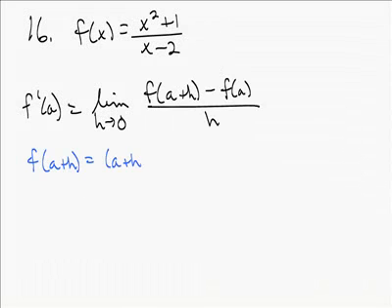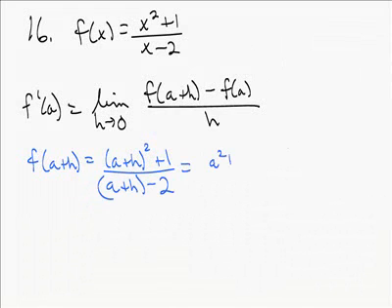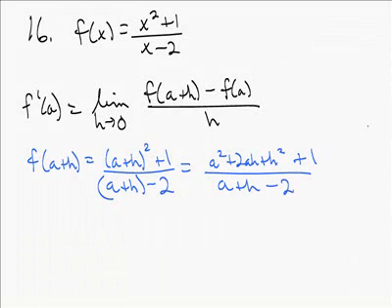It's going to be a plus h quantity squared plus 1 divided by a plus h minus 2. Let's simplify this a little bit here, and then we'll plug things back into our derivative limit. If we square that quantity out, you have a plus h times a plus h. That's a squared plus 2ah plus h squared, and then plus 1. And in the bottom, we just have a plus h minus 2.